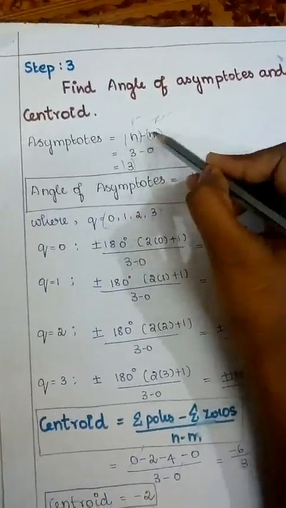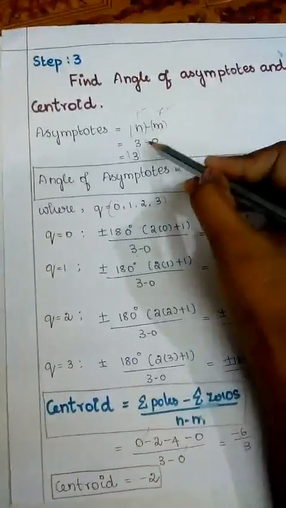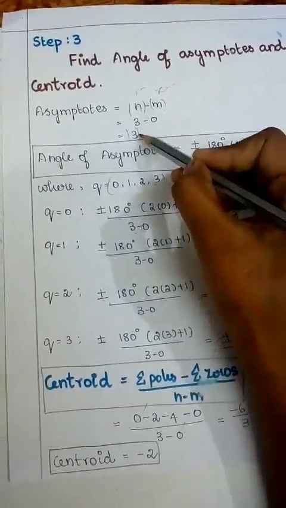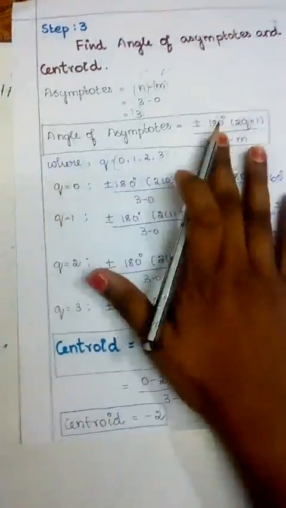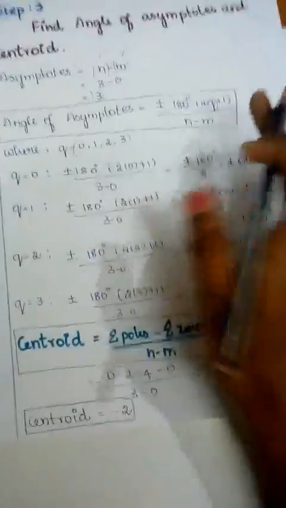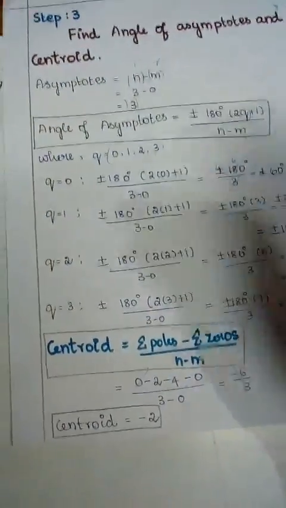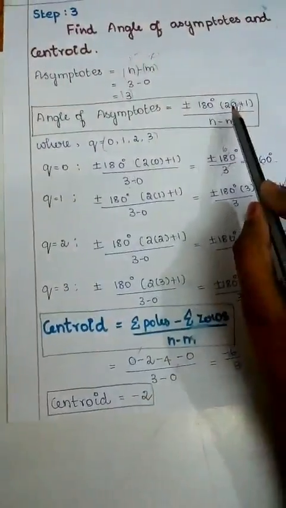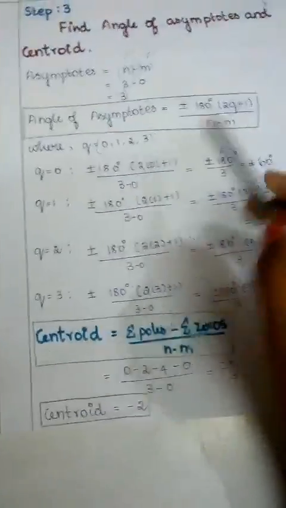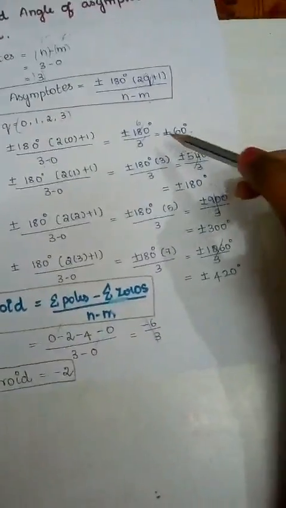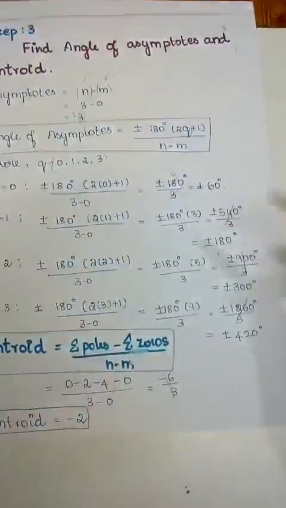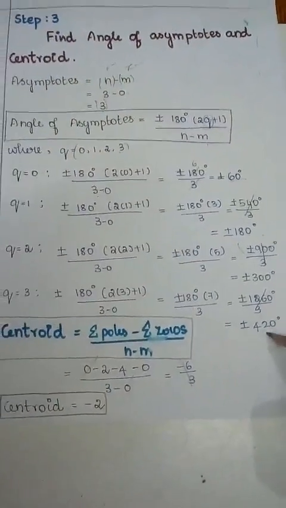N is the number of poles, m is the number of zeros, 3 poles and 0 zeros, so 3. We take numbers 0 to 3 and substitute in q. In that formula we get plus or minus 60, plus or minus 180, plus or minus 300.